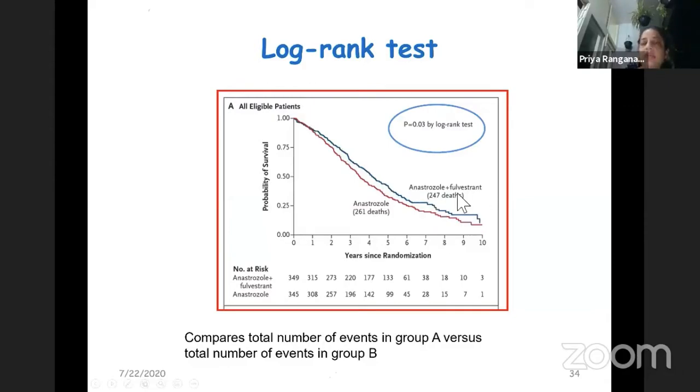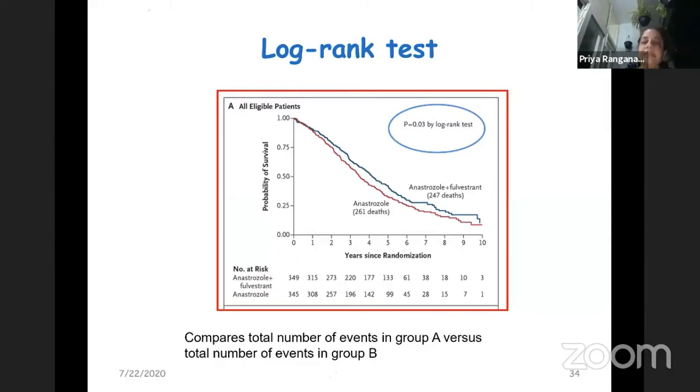Finally, the total number of events would be equal. But it is not picking up the fact that people in this arm have died earlier than people in that arm, which is why those studies report the log rank test. It is not considered a very sensitive test, and it is not the preferred test.